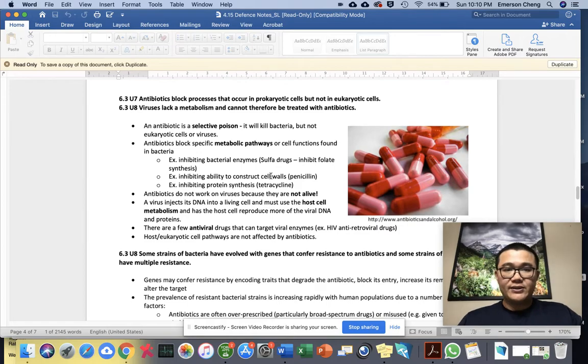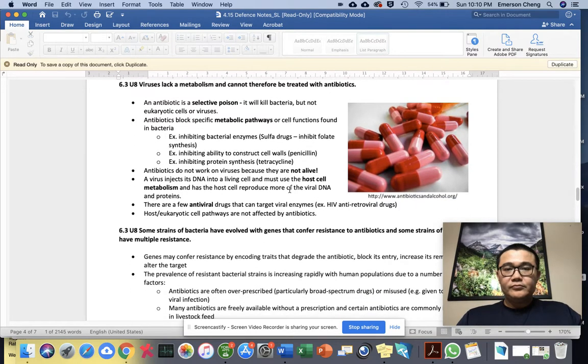In fact, viruses inject their genetic material, here it says DNA, but it really is DNA or RNA, into living cells and use the host cell mechanism. So antibiotics don't work that way.